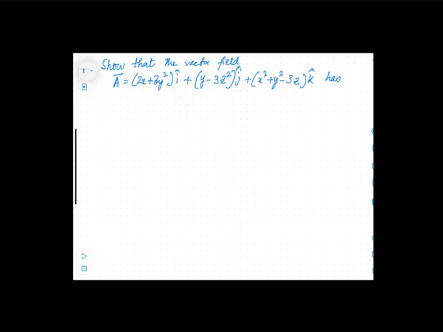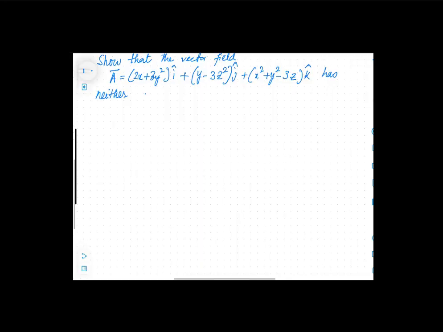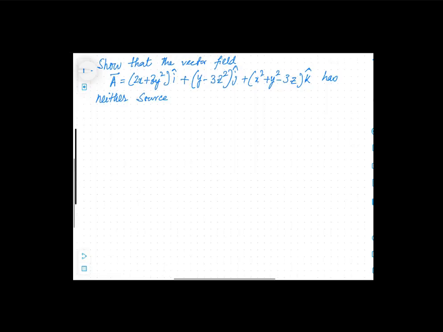has neither source nor sink. So this source and sink is a very important term here in particular this numerical.